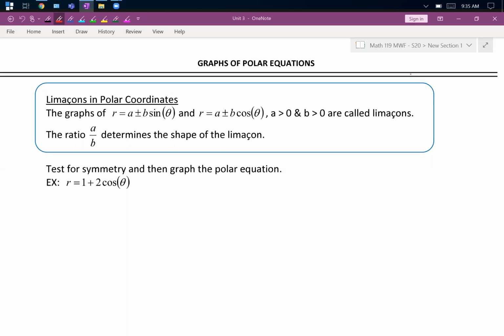So we'll start by testing for symmetry, so hopefully we can lessen the number of thetas we have to choose in our r theta chart.